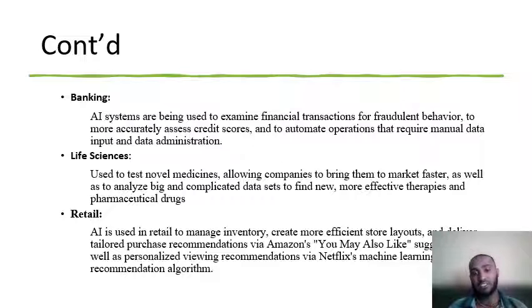Life science is used to test novel medicines and help companies bring them to market faster, as well as to analyze big and complicated data sets to find new and more effective therapies in pharmaceutical drugs.